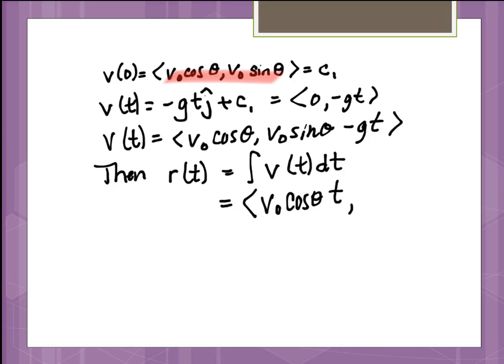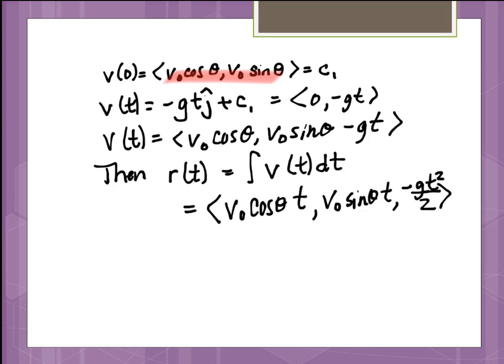And then the second component has a t, so it's going to be v0 sine theta t, and then negative g t squared over 2. And then all of that needs to have another constant vector added to it. So we'll call it C2, just so that it's identified differently than the C1 from last time.